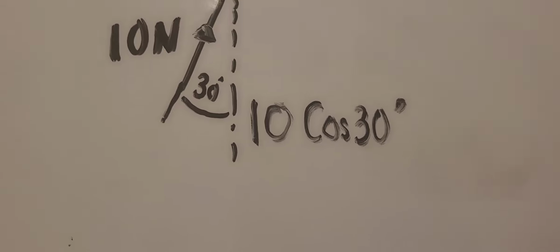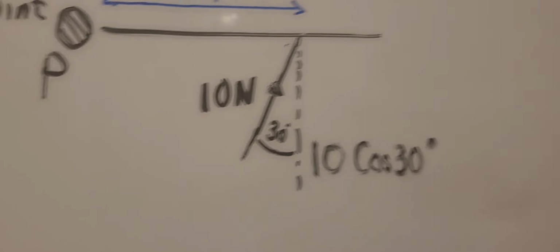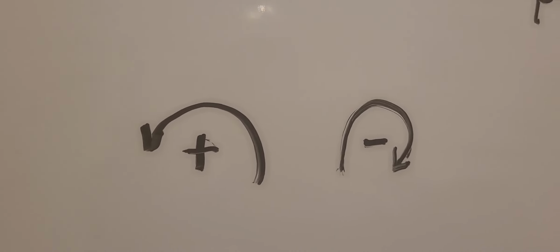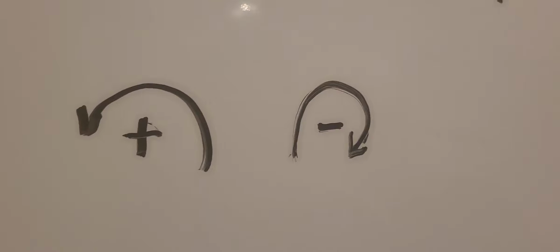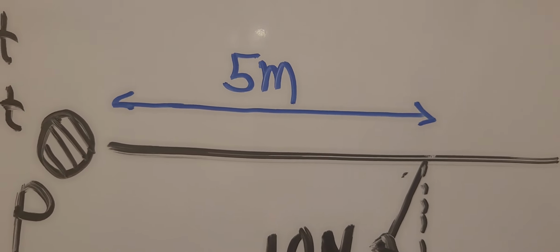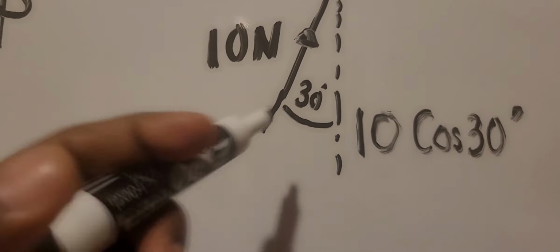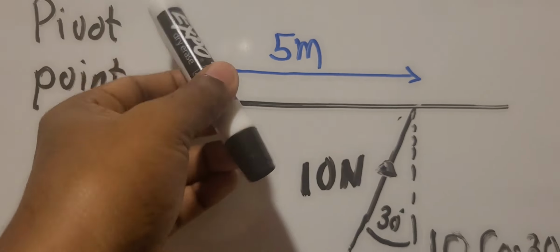Now we can use the same approach that we did in the previous example. We know this component, 10 cosine 30, and we are going to multiply that by the 5 meter leverage, and look, that's going to create a counterclockwise torque.